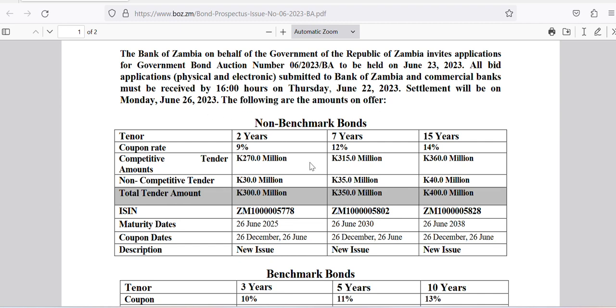You're awarded on Thursday, 22nd June, but the money from your account will be deducted on Monday, June 26th. This is when the government will get the money that you have lent them, from the bank account that you are using for investing.